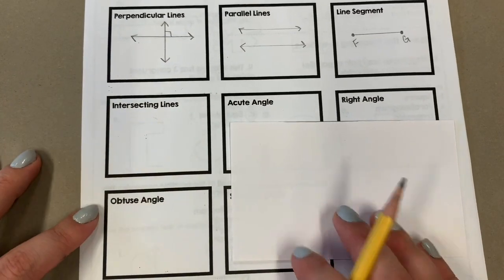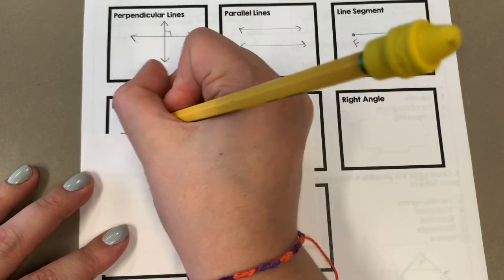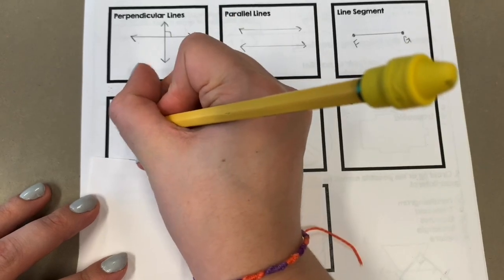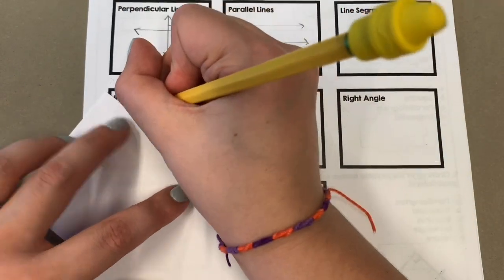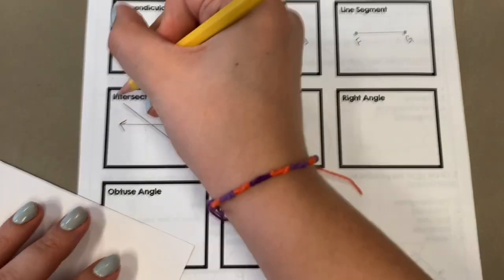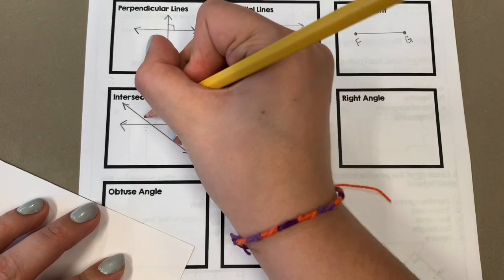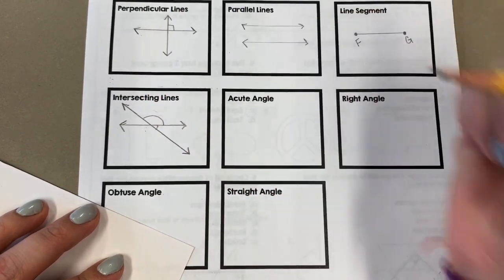Intersecting lines are lines that cross, but not at 90 degrees. So here's one line. And we'll make sure it's not at 90 degrees. There's my other line. And that is definitely obtuse and an acute angle.